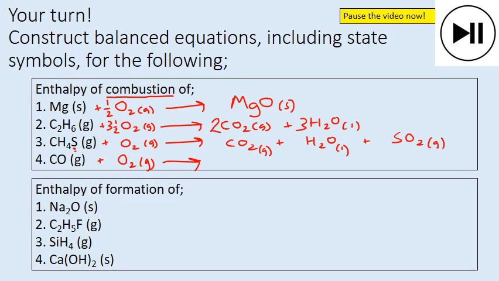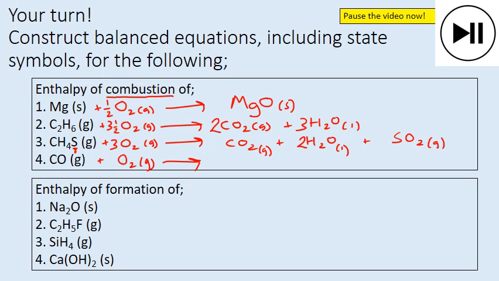SO2, this is the gas that's responsible for acid rain, and this is showing the impurity of sulfur in hydrocarbons. So balancing this then, carbons are balanced, sulfur's balanced, hydrogens, 2 there. Now I'm going to balance the oxygens on the right hand side. 1, 2, 3, 4, 5, 6, so 3 there. Done.